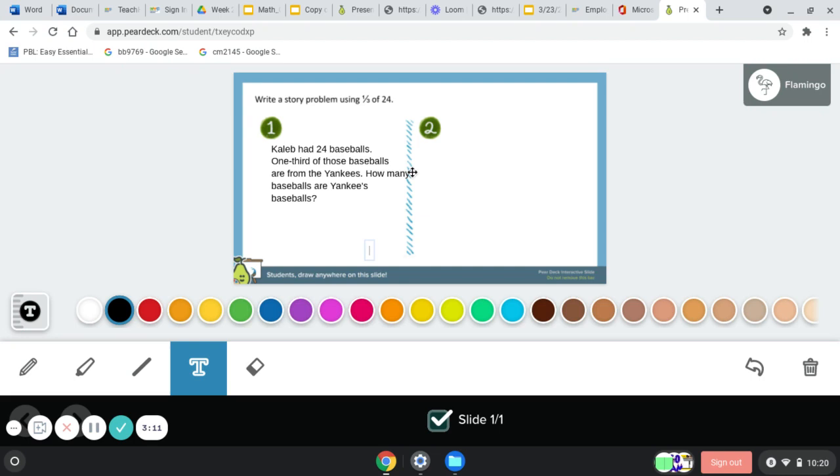Okay, so we are going to use a model to represent this word problem. So Caleb had 24 baseballs. So I'm going to use an array to represent the data that's inside this problem. So I'm going to make an array that is going to have 24 baseballs in it.